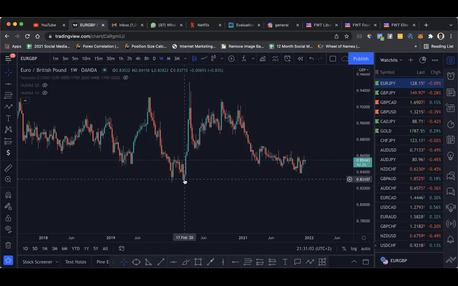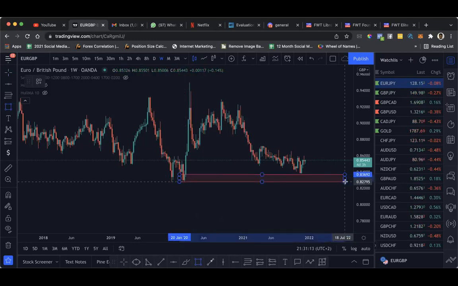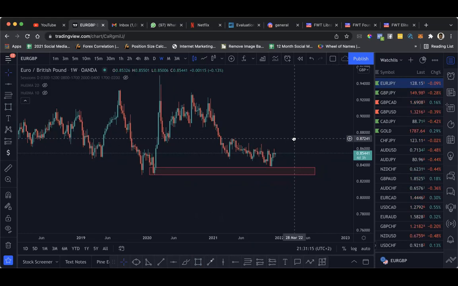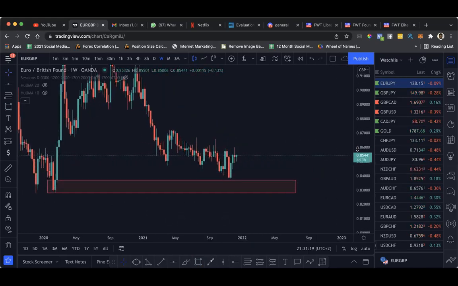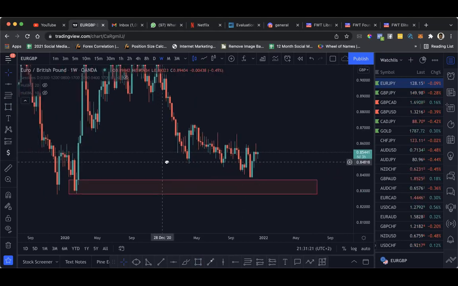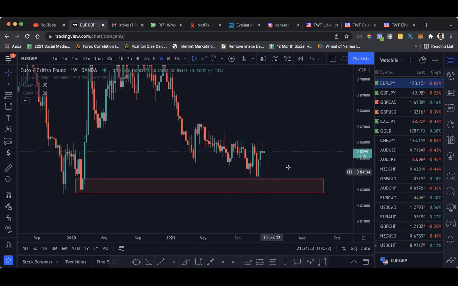Drop base rally. So price has not really gotten, excuse me, to that demand zone yet. It almost got there, but it did not hit it yet.